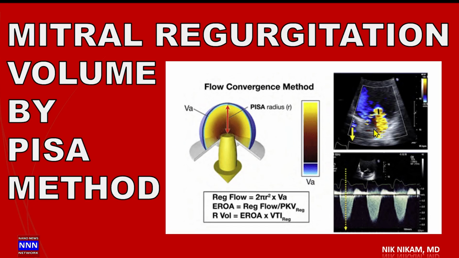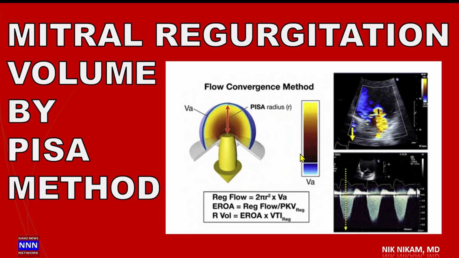In order to calculate the mitral regurgitation volume, there are multiple things we measure in this setup, and we're going to start off with the mitral regurgitation volume. Volume is basically the orifice area multiplied by the velocity time integral. If we take this radius and use the formula, we can calculate the regurgitant flow.